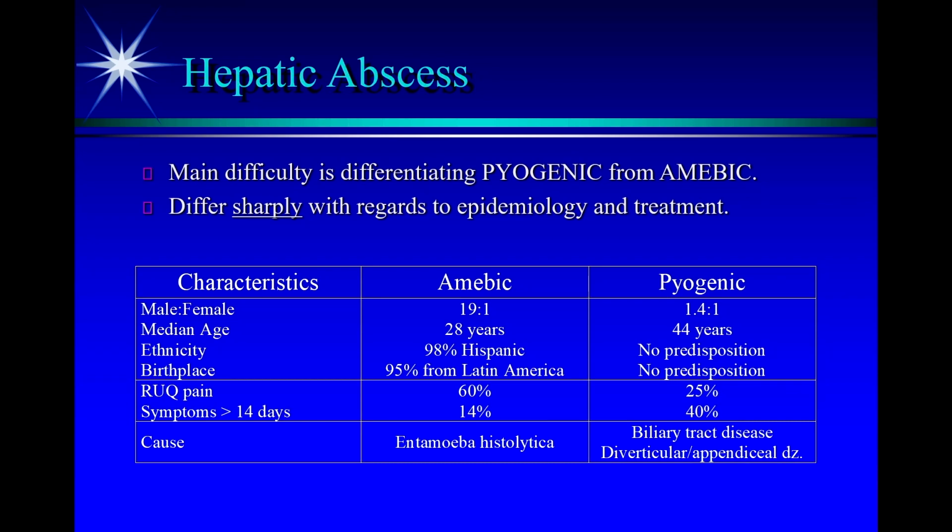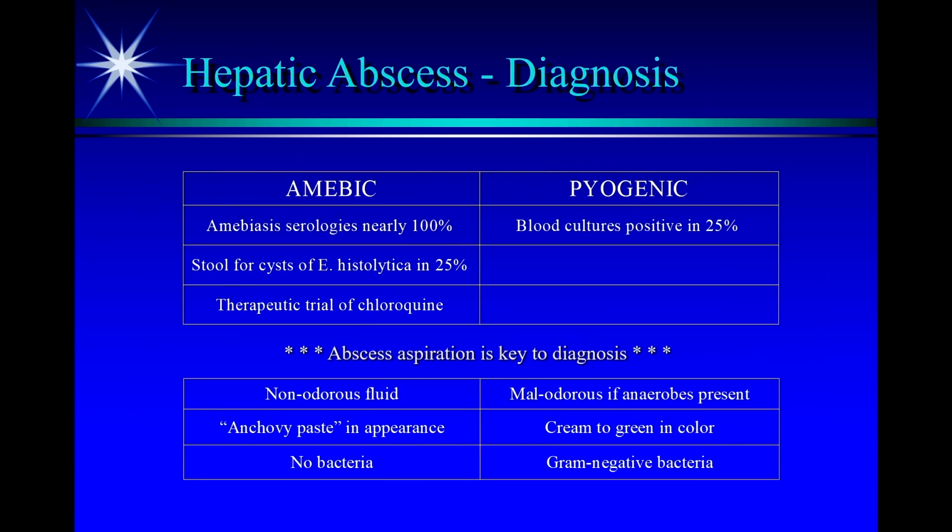Amoebic abscesses tend to be more symptomatic than pyogenic abscesses, which are kind of more indolent. And of course, the causes are different. So amoebic abscess is caused by Entamoeba histolytica, pyogenic abscesses are bacterial. So for the diagnosis of an amoebic abscess versus a pyogenic abscess, you can look at serologies, but the main issue is aspiration.